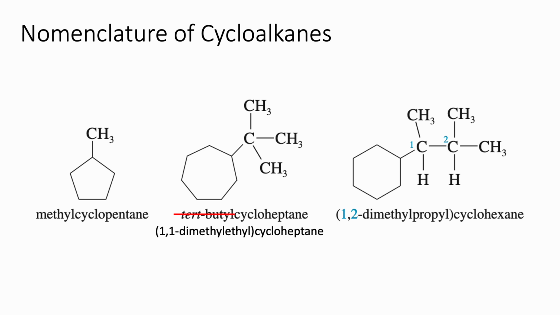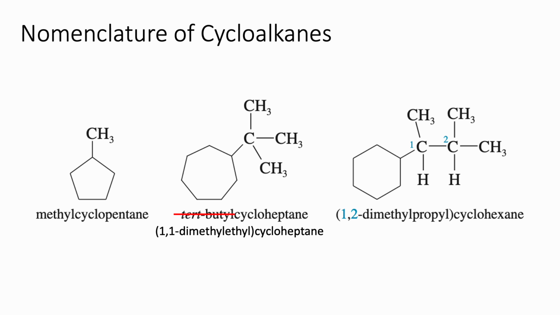We then use the cycloalkane as our base in the nomenclature of cycloalkanes. So in the first example, we have a 5-membered ring, so that's pent for 5. It's pentane because it's an alkane, and it's in a ring, so it's cyclopentane. So our base is cyclopentane, and there's a methyl group on one of those carbon atoms, so we call it methyl cyclopentane.